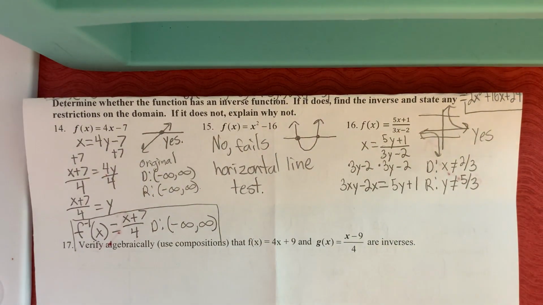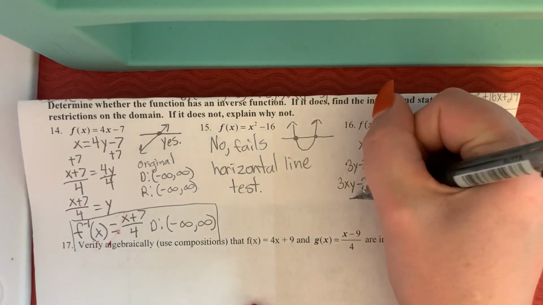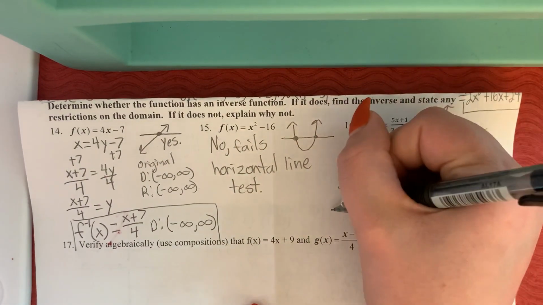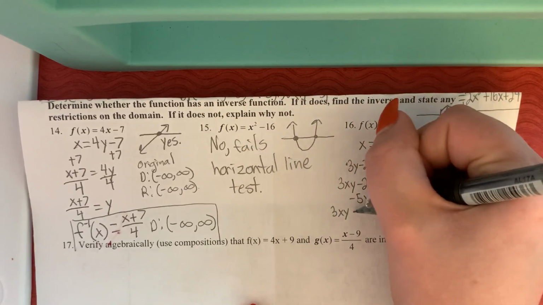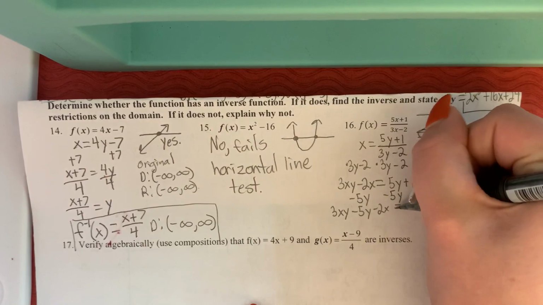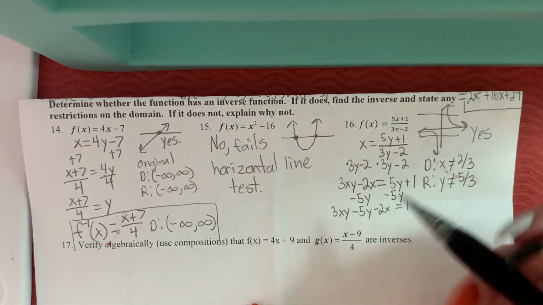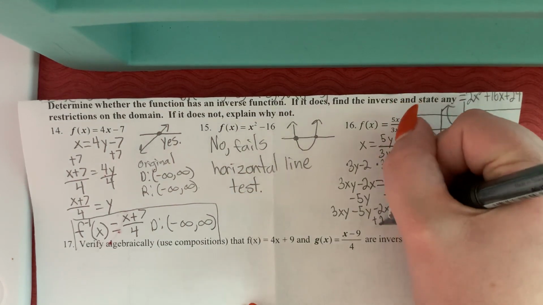Okay, so I'm going to move the y's to one side, so I'll subtract 5y. So we'll get 3xy minus 5y minus 2x equals 1. But I want to get those y's alone by themselves, so I'm also going to add that 2x back.